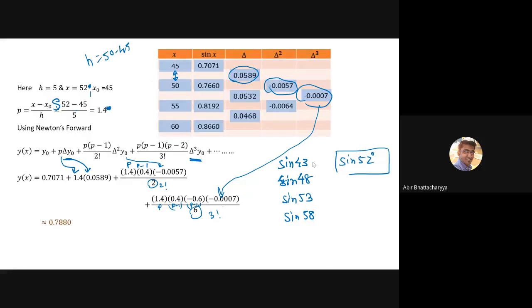Best answer means which one is closer to the original answer. You can find the original answer by just putting sine 52 degree in your calculator. It will give you the answer within a fraction of a second. That is not a difficult task. But which answer is closer to the original answer?